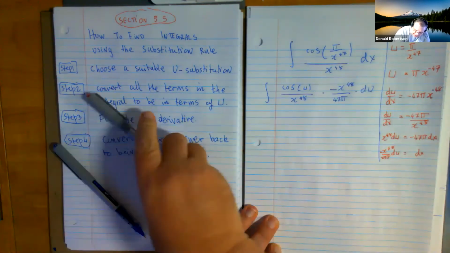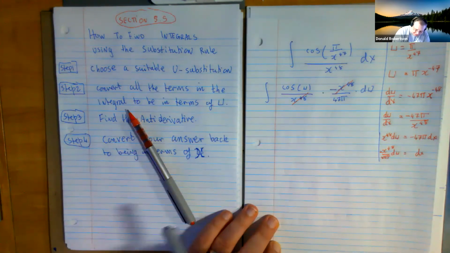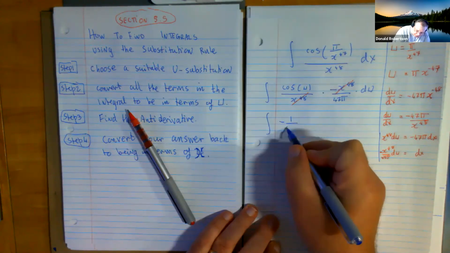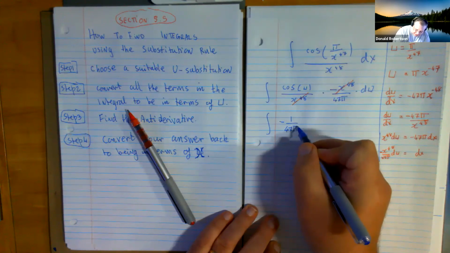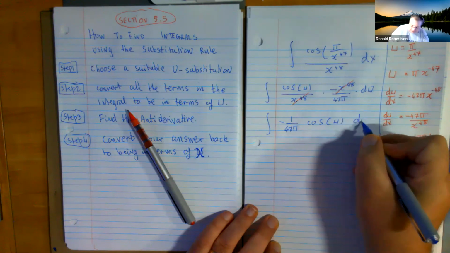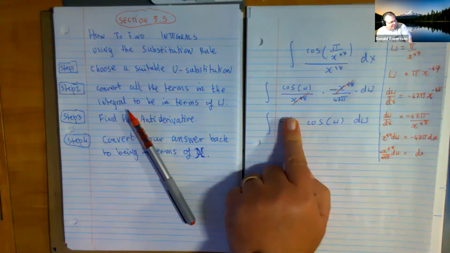And then by magic, they cancel. And so we have a negative 1 over 47 pi cosine of u. I don't like that, but that doesn't matter. Isn't that just a weird number?